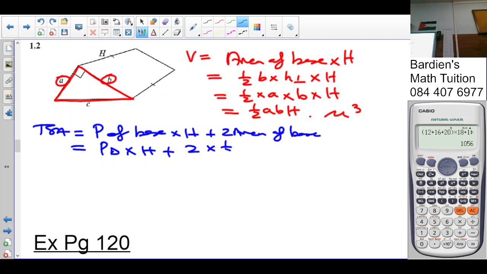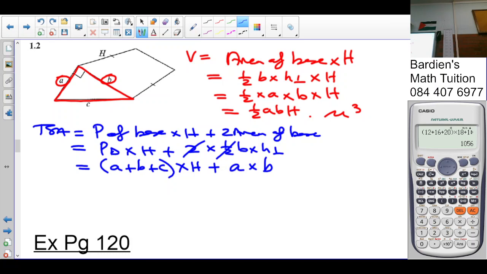So half base times perpendicular. Okay. So the triangle, how do you calculate the perimeter of a triangle? You add up all the sides, so it's going to be A plus B plus C times height plus, it will be, that will cancel, not so. So what's my base? A, my height is.